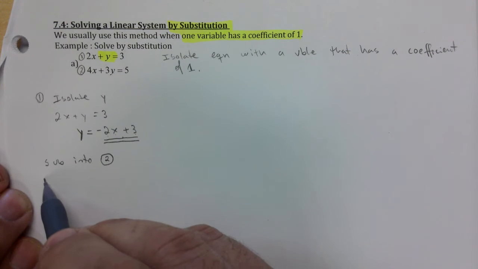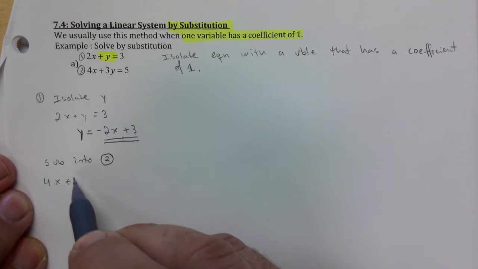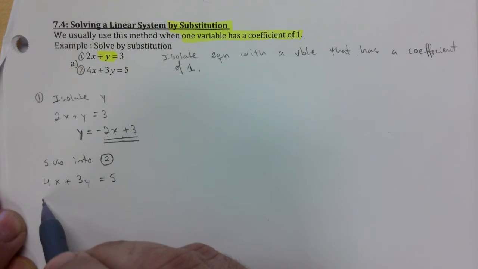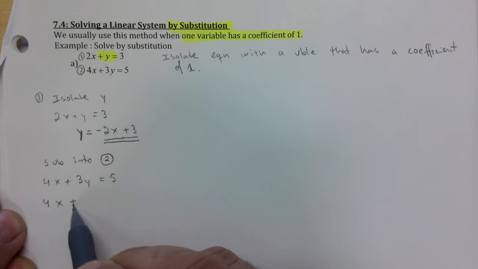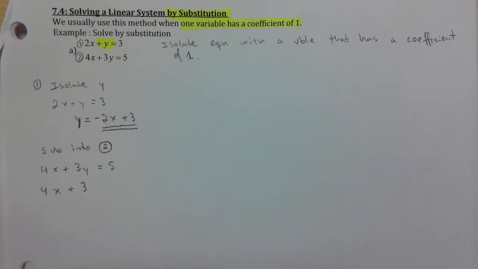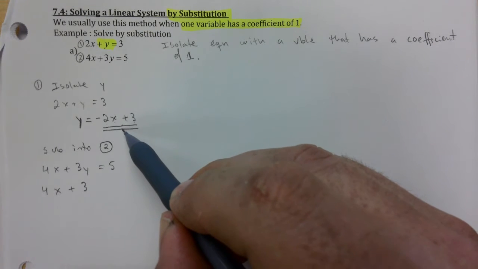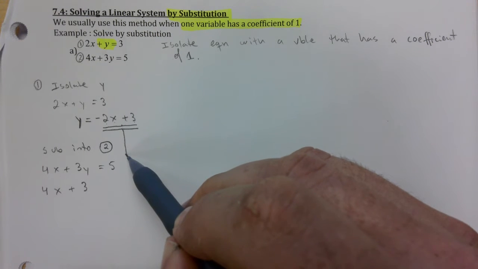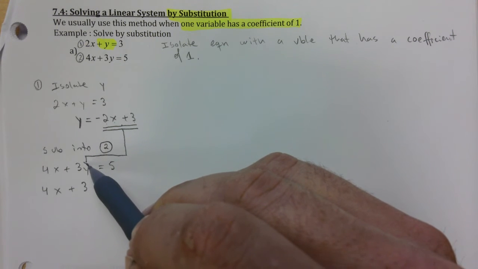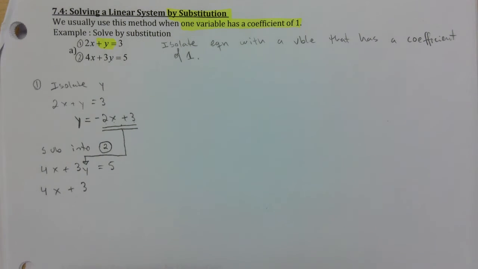So we go 4x plus 3y is equal to 5. We're going to go 4x plus 3. I'm going to slow down a little bit here. 4x plus 3. What we're going to do is take this and substitute that in for y in the second equation.